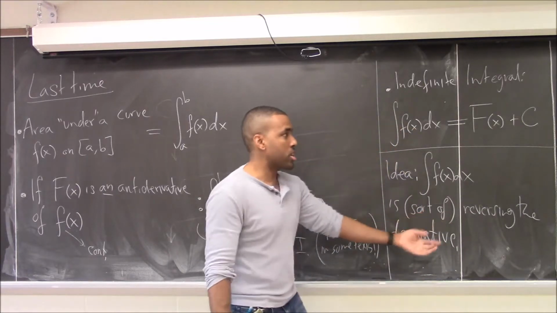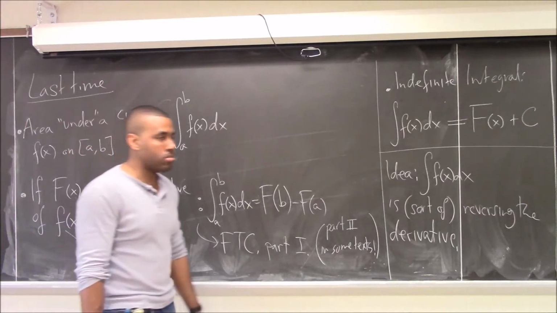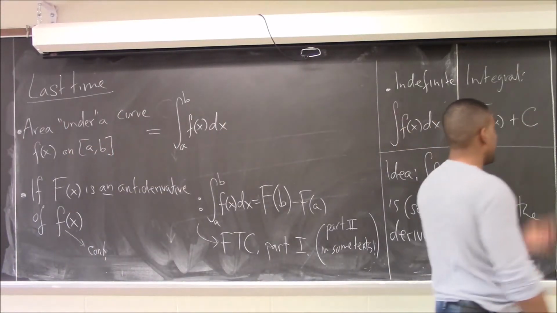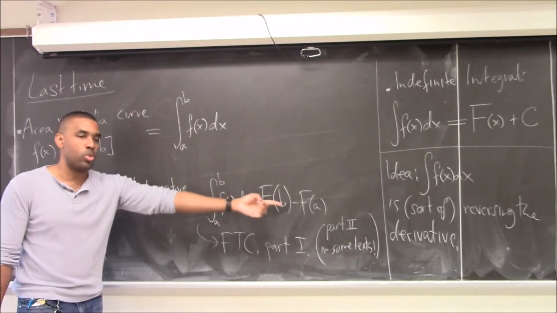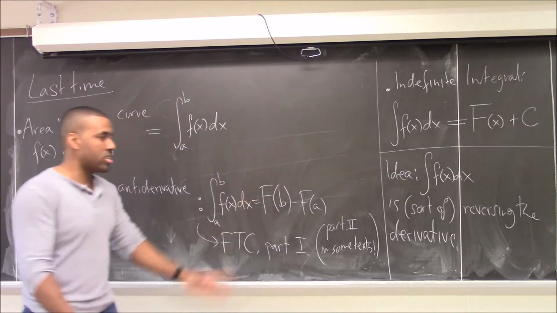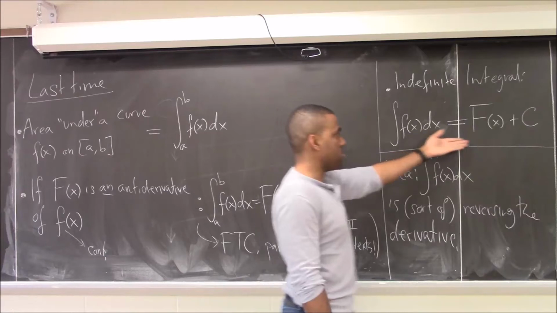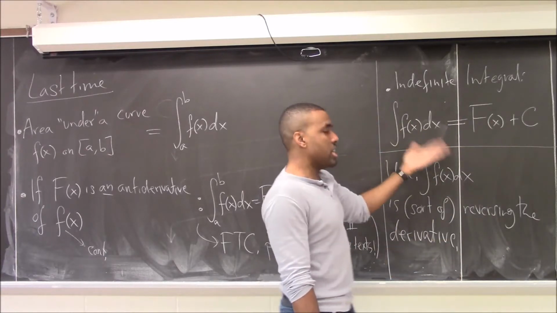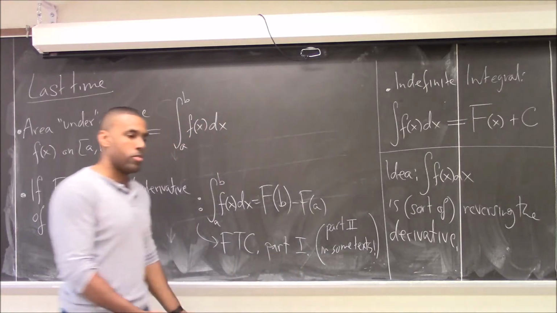And I say sort of because there's a plus c, so you might not get back the exact function, but you get back something that's pretty close. And in some contexts, the plus c doesn't even matter, like in this context, because if you subtract one from the other, the constants are going to die anyway. So when you're finding exact areas, being off by a constant won't matter, but in general, this is true. And given more information, we can actually find plus c for some function.